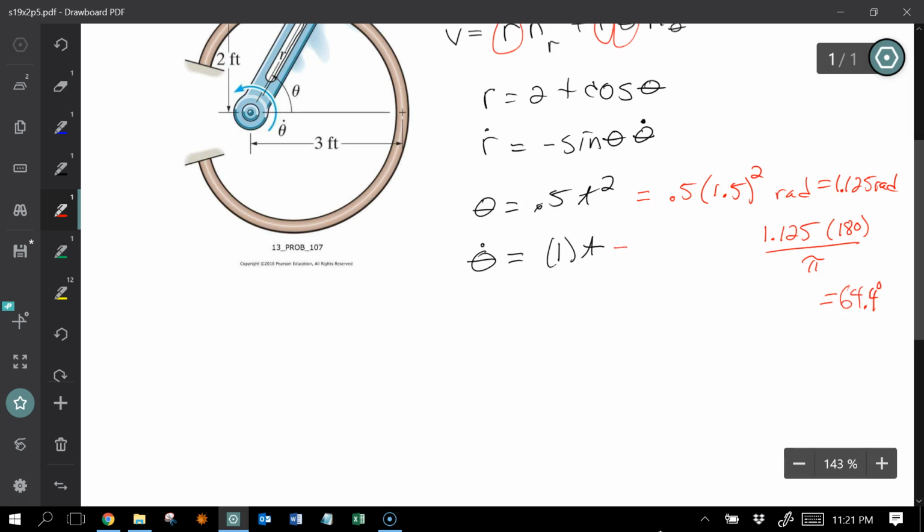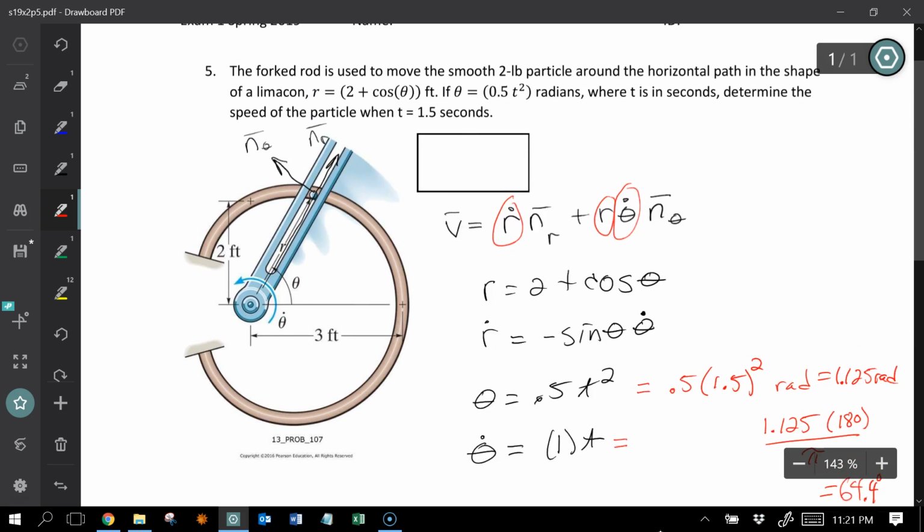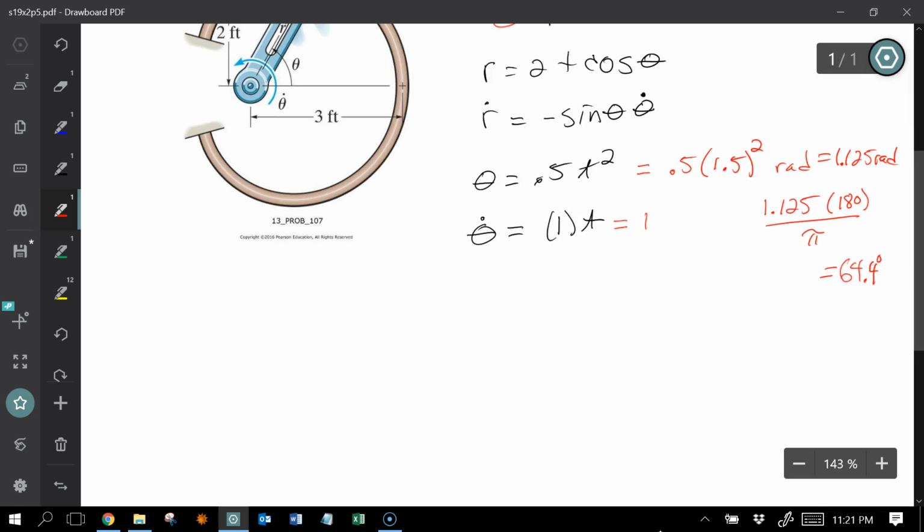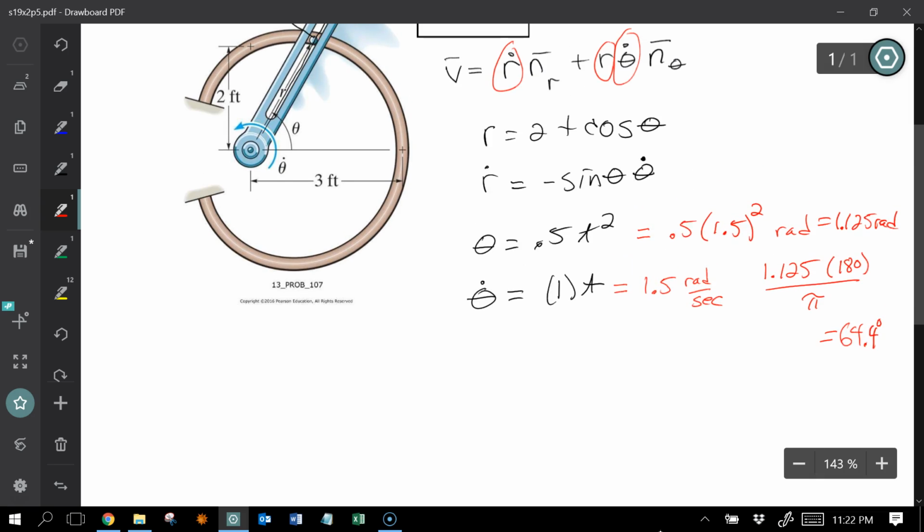Plugging values in here, theta dot is 1 times 1.5, so that's 1.5 radians per second, just like it has always been in all the homeworks, right? Now, to get r, you simply say it's equal to 2 plus the cosine, and probably your calculator's on degrees, like mine was, so you want to use theta in degrees. Okay, so I got an r which is equal to 2.43.